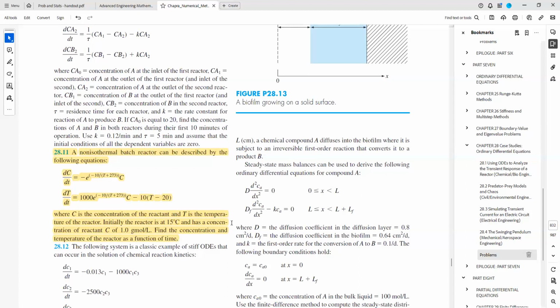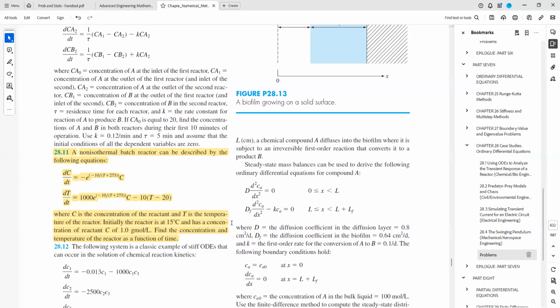Problem 28.11. Okay, so you have a non-isothermal batch reactor that can be described as, you have dC over dt given as e to the power of minus 10 divided by t plus 273, multiplied by C. And then the temperature itself is a function of time.